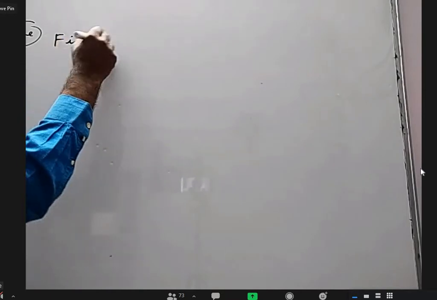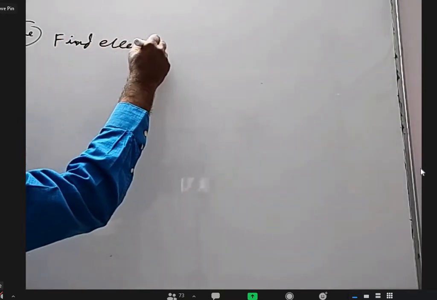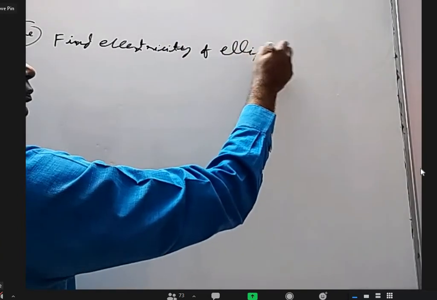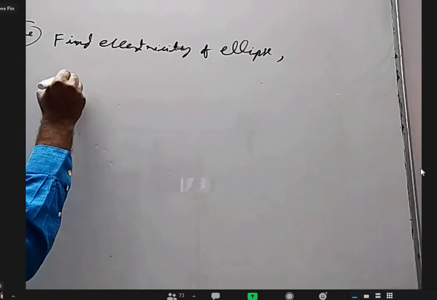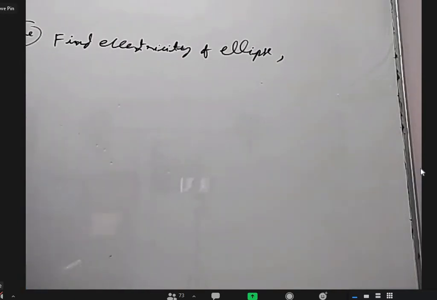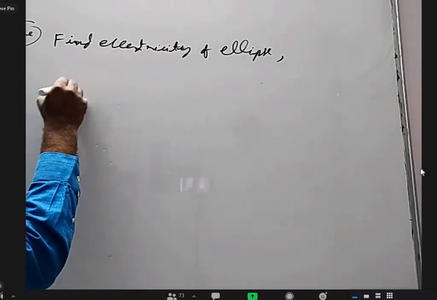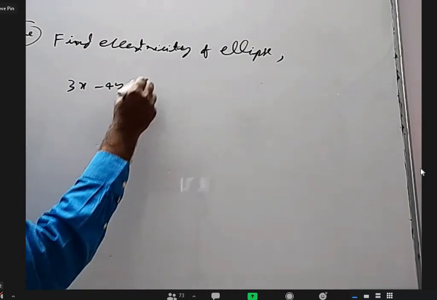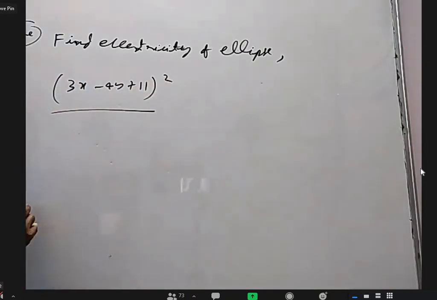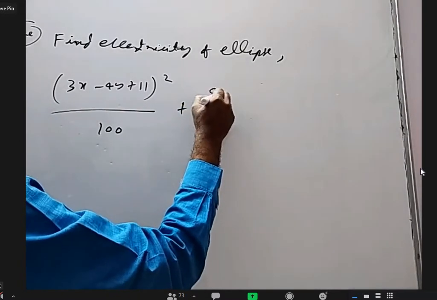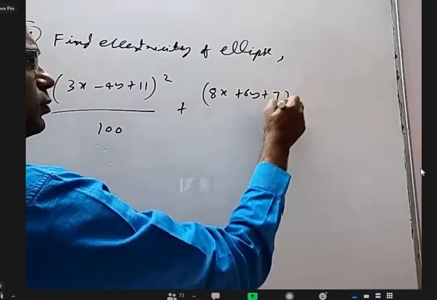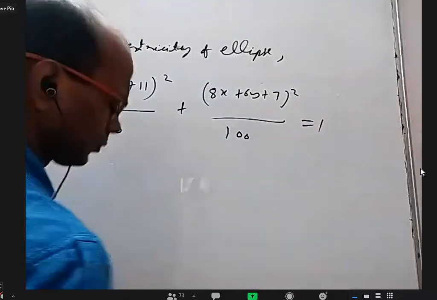Find the eccentricity of the ellipse (3x minus 4y plus 11) whole square by 100 plus (8x plus 6y plus 7) whole square by 100 equal to 1.